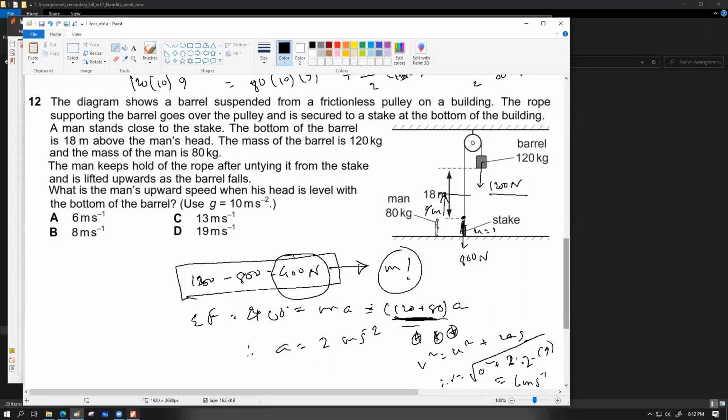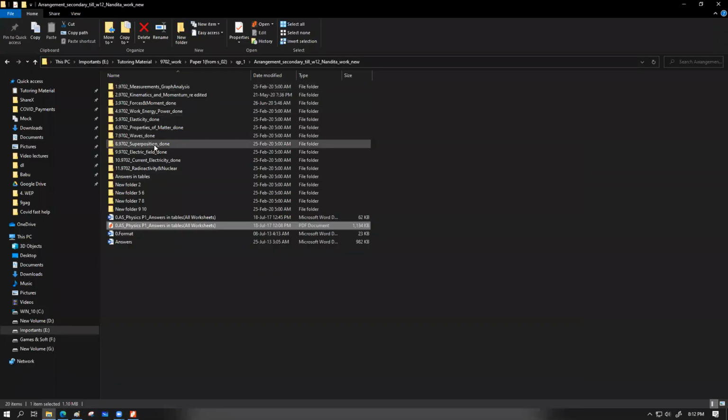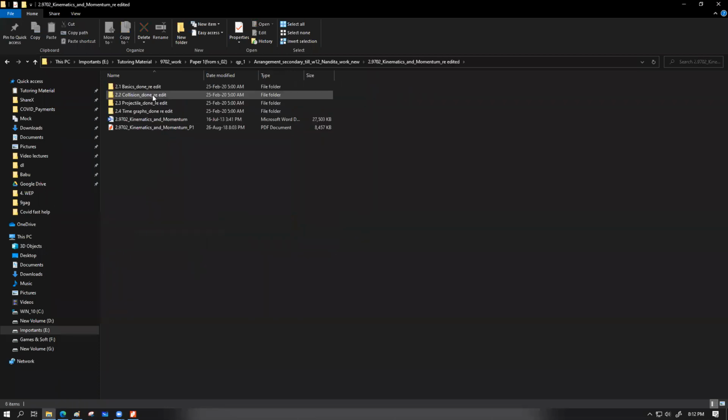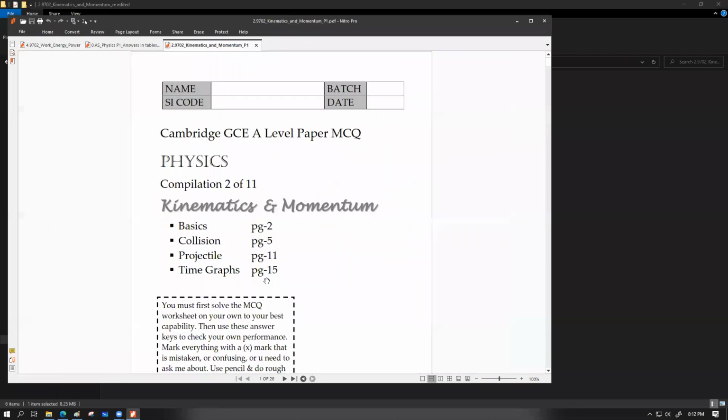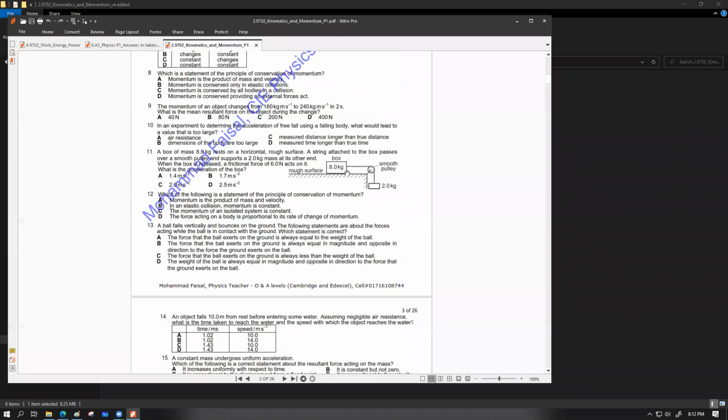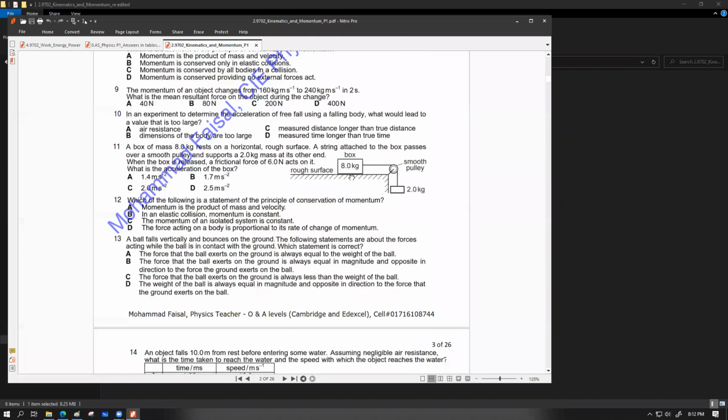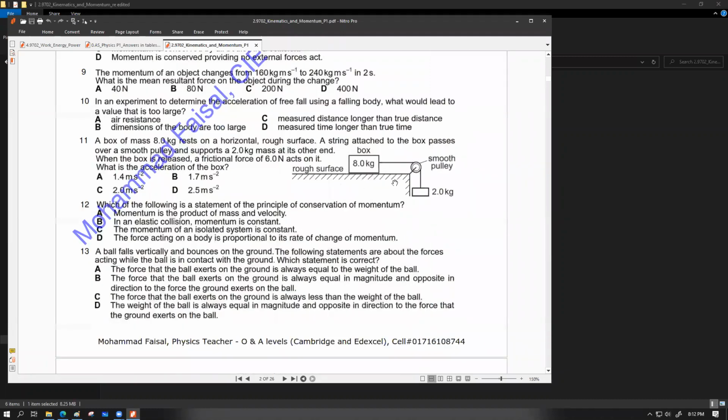For those of you who don't remember, let me help you remember, because I can find this out pretty simply. This kinetics and momentum MCQ paper. I'm talking about this question, this one right here. Whenever we're doing the math for this question, we had to use the total weight of this 2 kg object, which was responsible to move this entire 10 kg system. This weight was not only moving this one, because that would have been free fall.